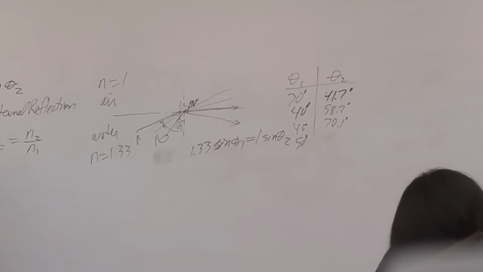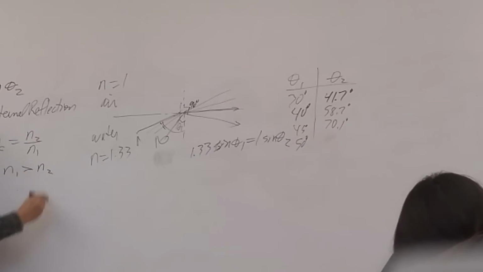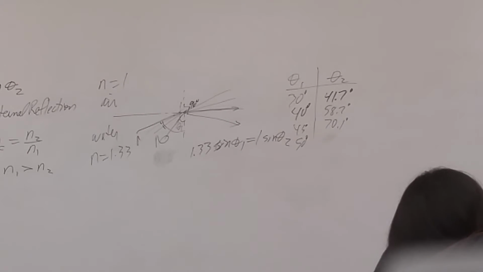But you only have this critical angle if N1 is bigger than N2. So if you're going from the bigger index to the smaller index, you can have this critical angle.